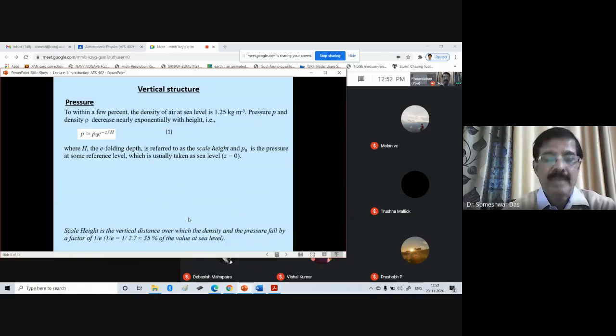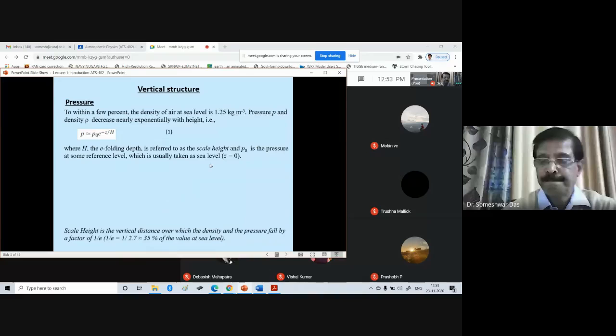We shall discuss more about this in the next classes, but for now, this is the definition of a scale height that you can remember.